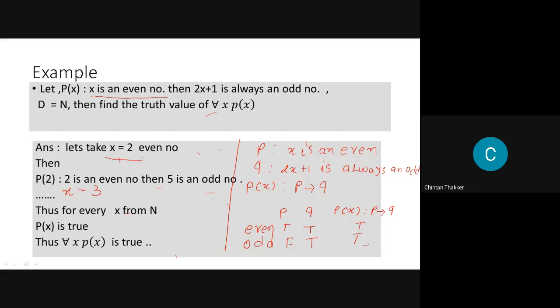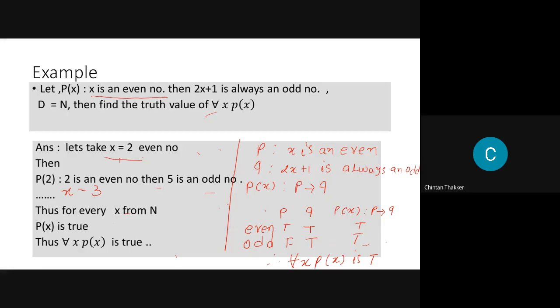So therefore, for all x, P of x is true. Okay. So by any one method you can prove that for all x, P of x is true.